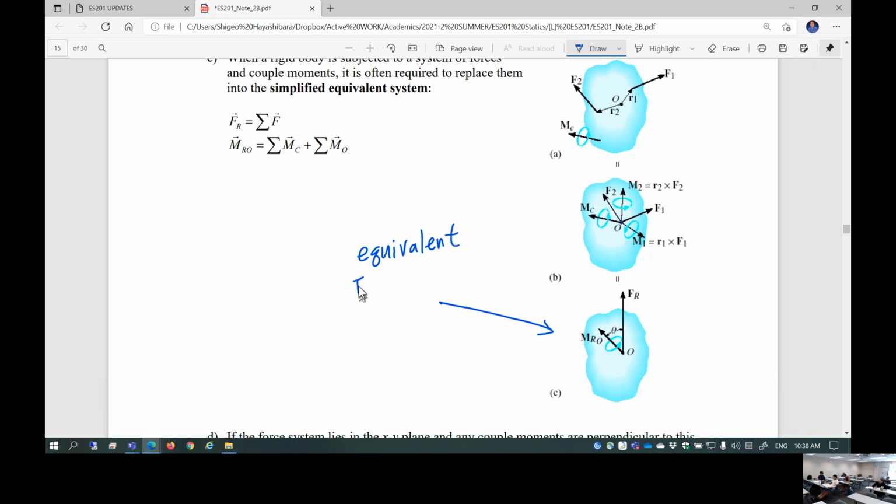So you have F_R, this is the resultant force, right? Acting at point O. M_RO, this is the resultant moment acting at point O.